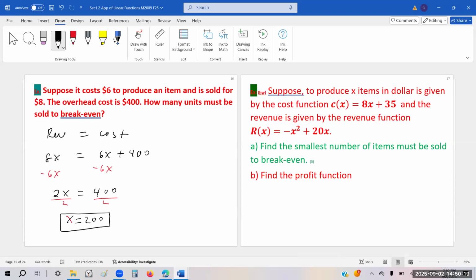Suppose the cost to produce x items in dollars is given by this cost function, and the revenue function is that. Find the smallest number of items that must be sold to break even, and then find the profit function.